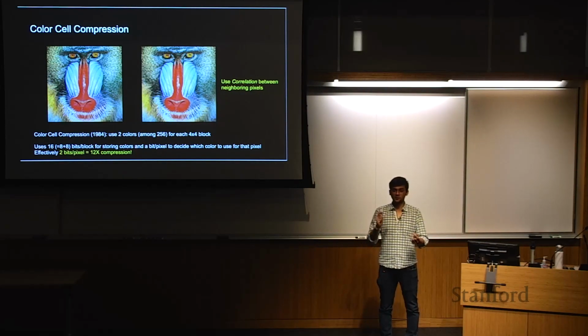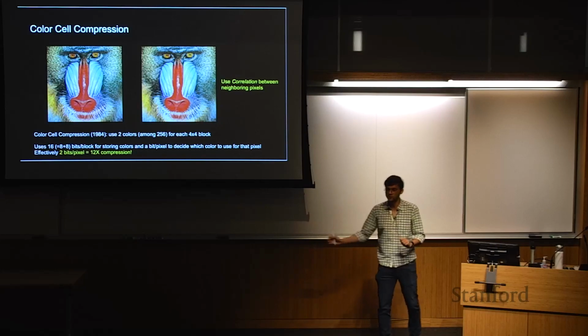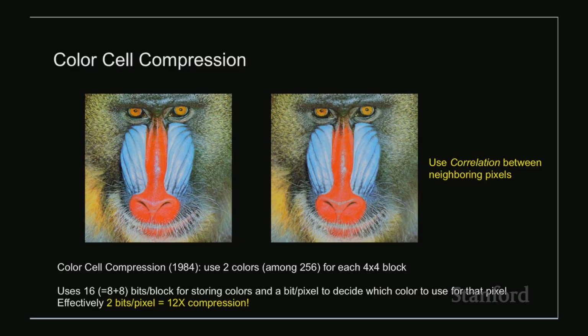So you also need to store a bit per pixel to tell you my first pixel belongs to color 1, my second pixel belongs to color 2, and so on. So you need 16 bits for storing that sort of pointer, 16 bits for storing the colors. At the end you need 32 bits for a 4x4 block. So that's 2 bits per pixel, right?